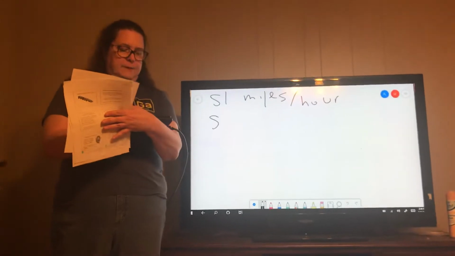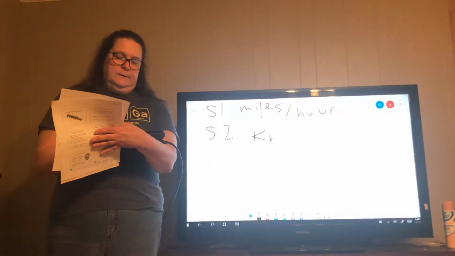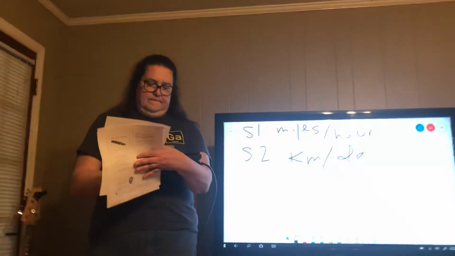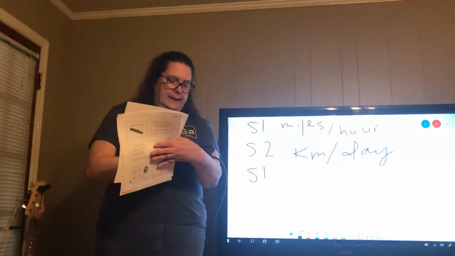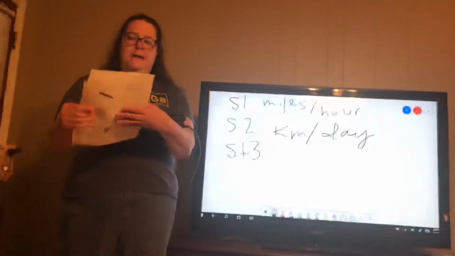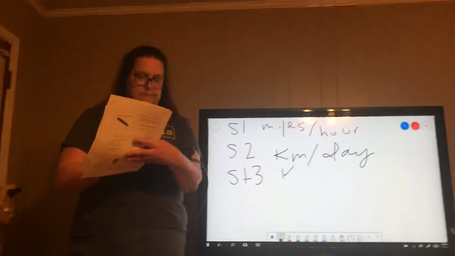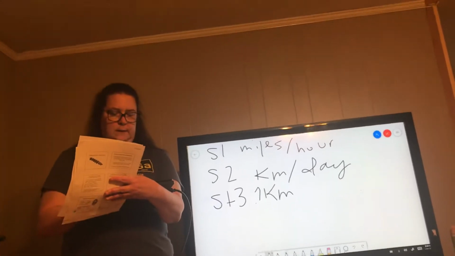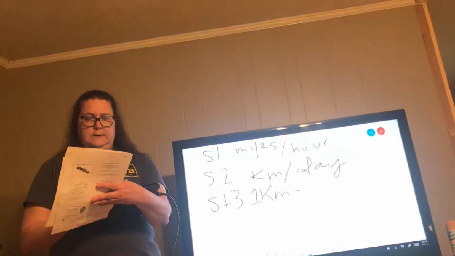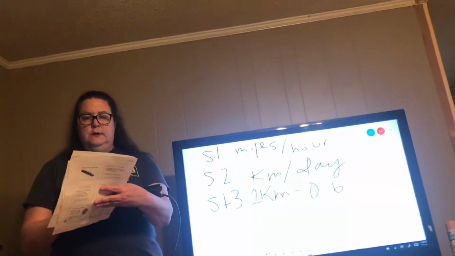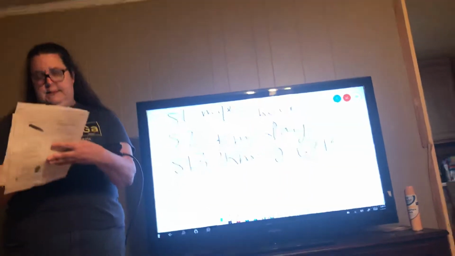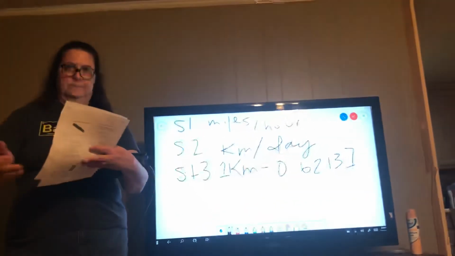And then step 2, I'm going to kilometers per day. And then step 3, I know that 1 kilometer equals 0.62137 miles. Okay? Oh, good. Lily found me a stylus.